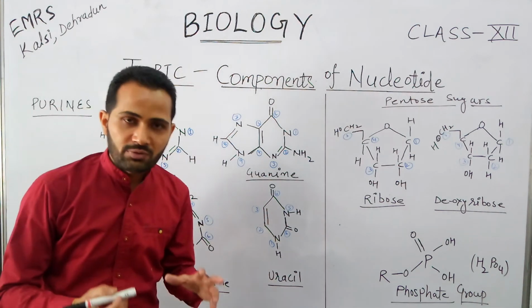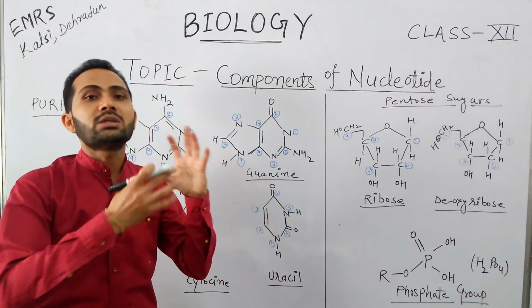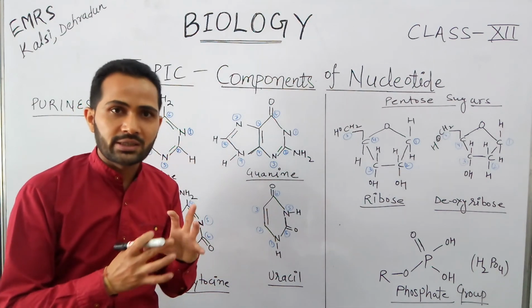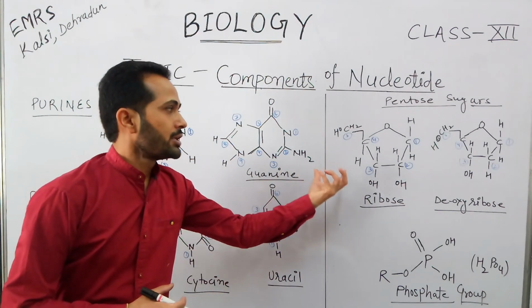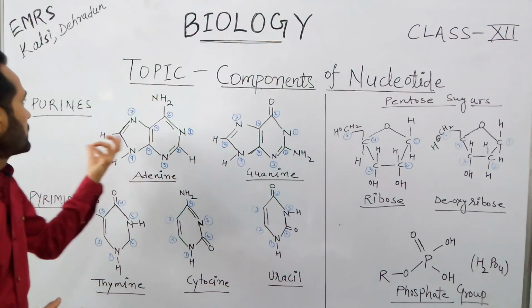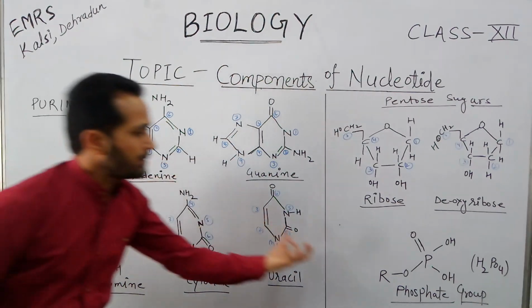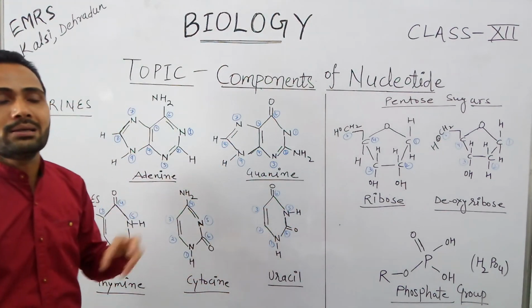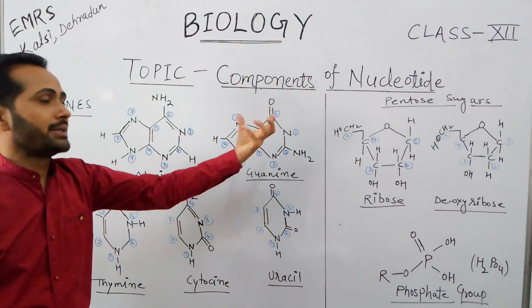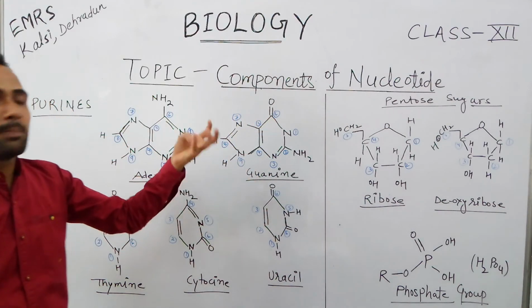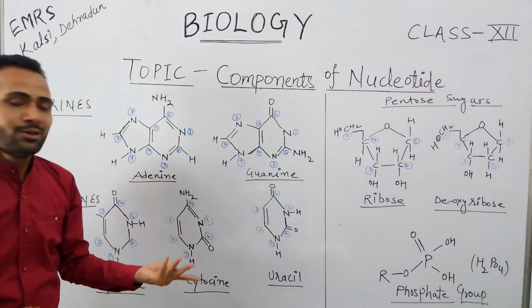In our next video we will study how these components are joined with each other, how the nucleotide is formed. This is the basic: when pentose sugar, nitrogenous base and phosphate group combine to each other, they form a structure which is called nucleotide.